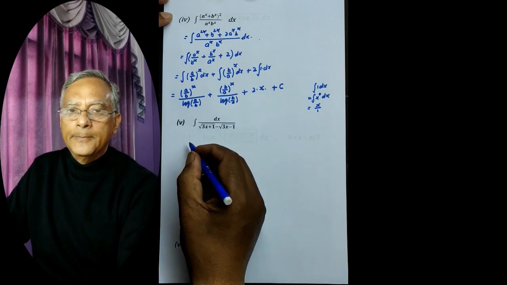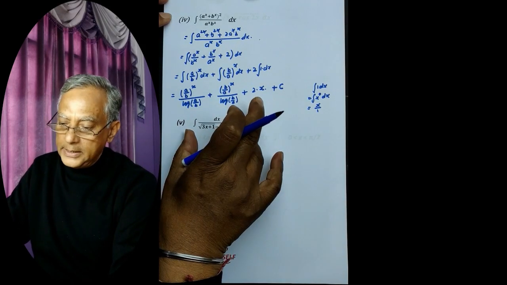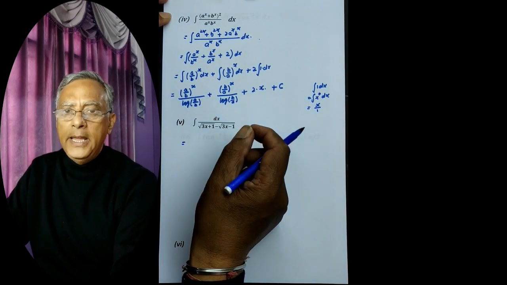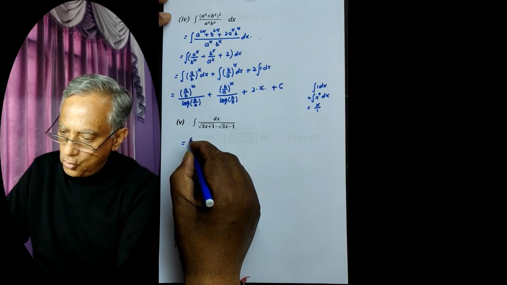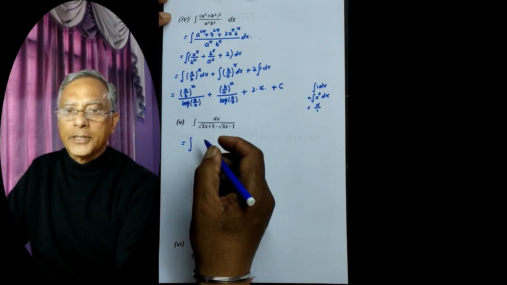Now next is this. Now how to integrate this? We have to convert this into the knowledge we already have, the formulae we already know. So what we do is we rationalize this fraction.